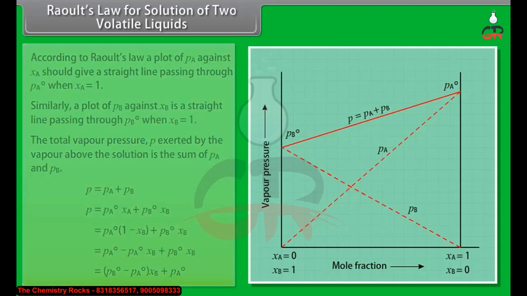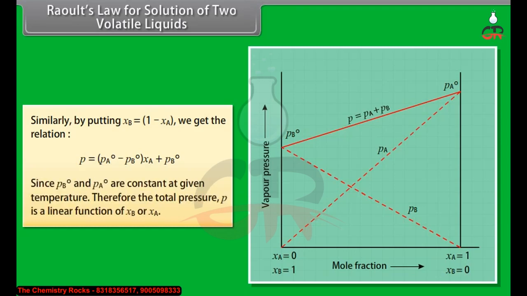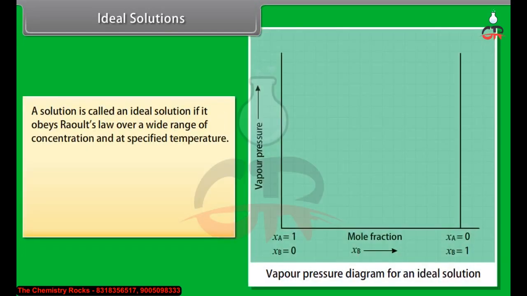Similarly, by putting XB = 1 − XA, we get the relation P = (PA⁰ − PB⁰) × XA + PB⁰. Since PB⁰ and PA⁰ are constant at given temperature, therefore, the total pressure P is a linear function of XB or XA. Ideal solutions. A solution is called an ideal solution if it obeys Raoult's law over a wide range of concentration and at specified temperature.